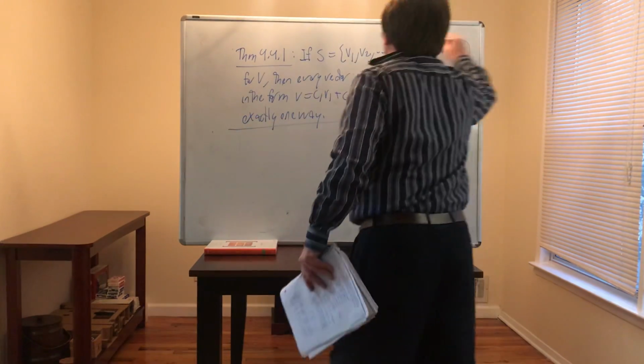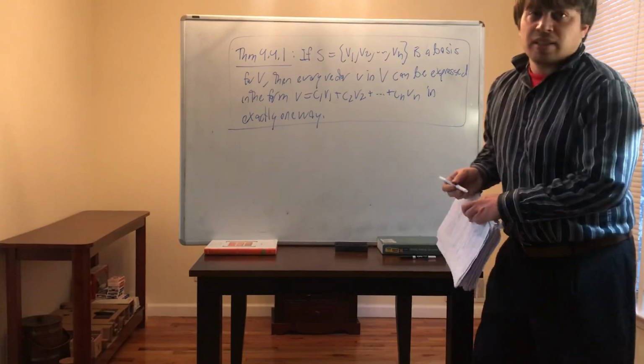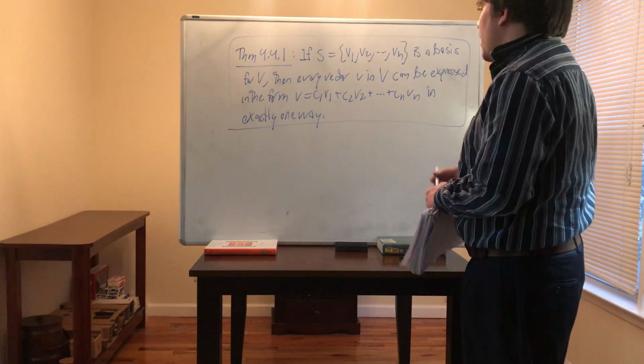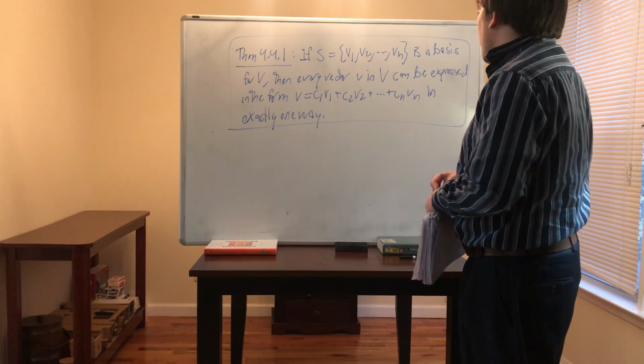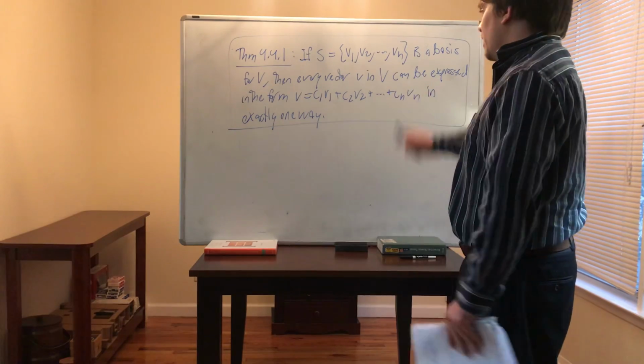So if that set S is a basis for V, then every vector little v in V can be expressed in that form in exactly one way.